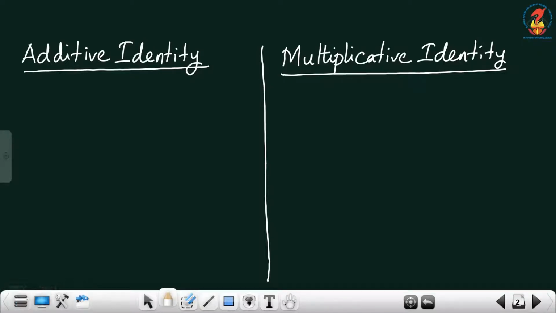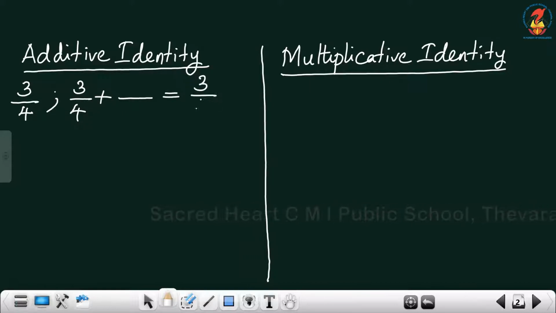Now, first additive identity. Consider a rational number 3 by 4. Then 3 by 4 plus another rational number, so that the sum is equal to 3 by 4 itself.